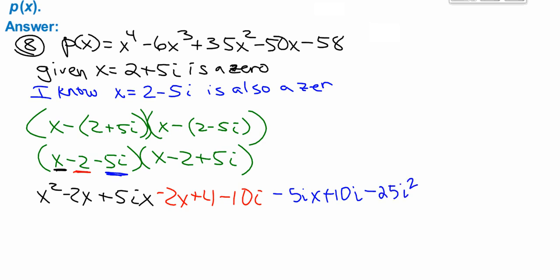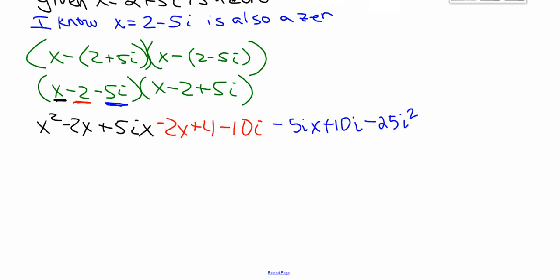Okay, so help me as I go because I'd rather not make a mistake. So that's x squared. Let's see, minus 5ix and plus 5ix. Minus 10i plus 10i. And this minus 25i squared is like plus 25, right? So this is x squared. What's my x term?